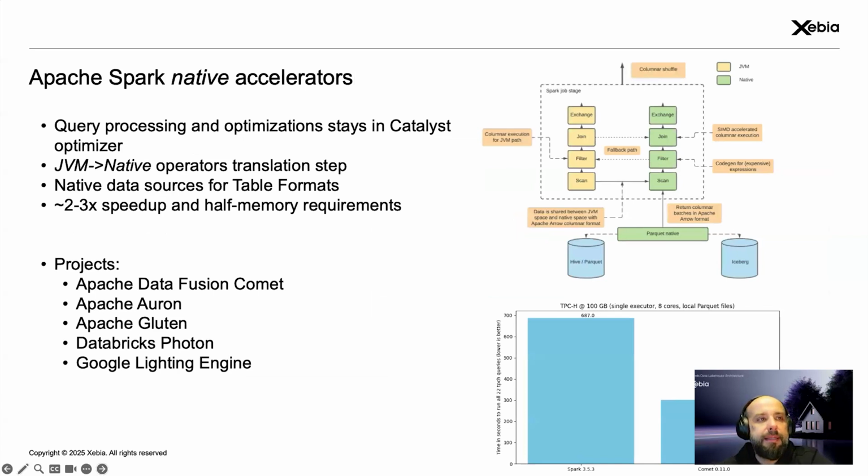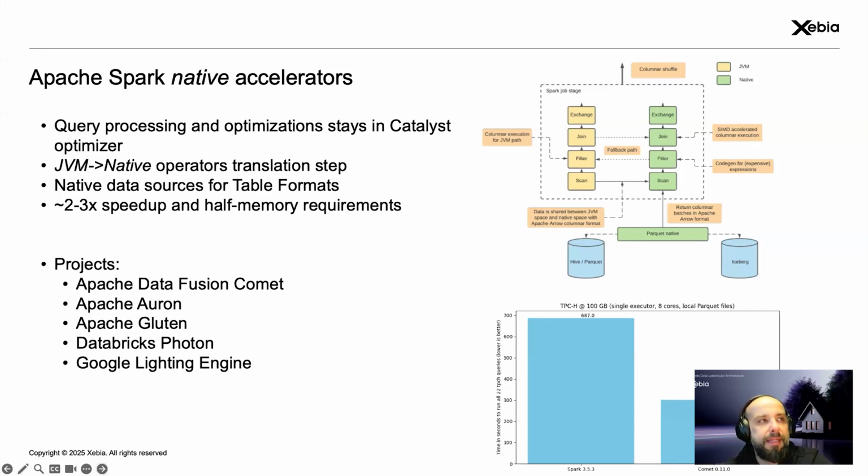And when talking about native accelerators, because this is something that I highlighted in the beginning as one of the market trends, we do observe a couple of projects like that. As already mentioned, Apache DataFusion Comet, Apache Auron, Apache Gluten, Databricks Photon, or for example, Google Lightning Engine.